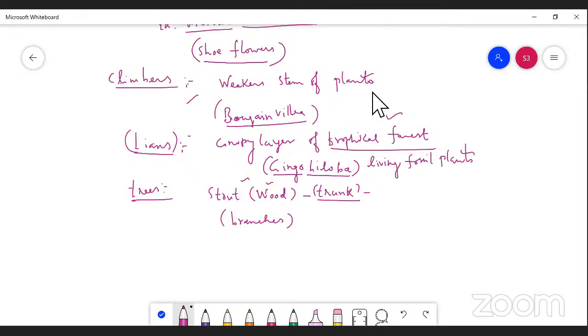Some plants are on branches, for example, coconut and palms.